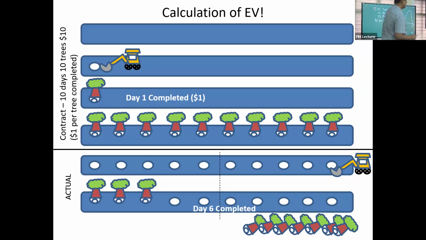But day 6, actual, how many has he planted? He has planted only 3. So for the 6th day, he has planted only 3, which is the actual. He should have planted 6. It's the planned one.